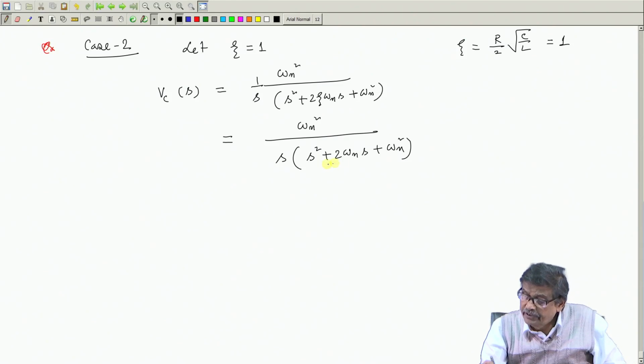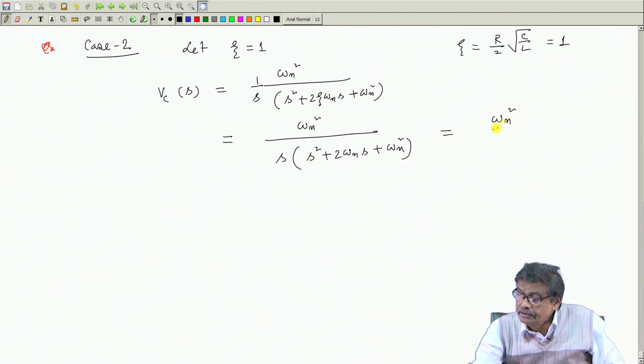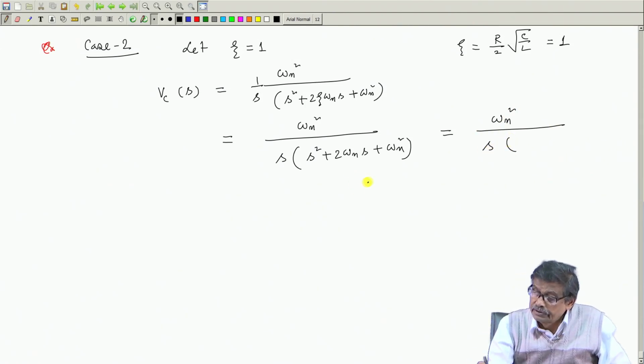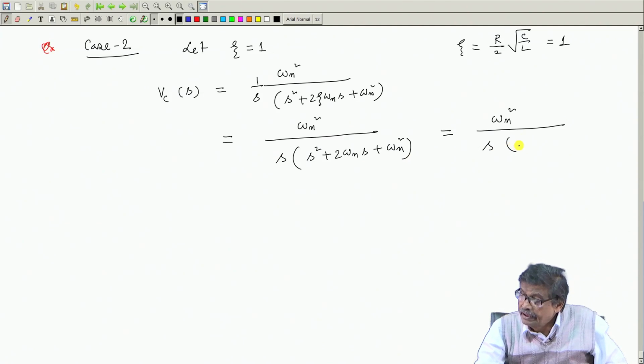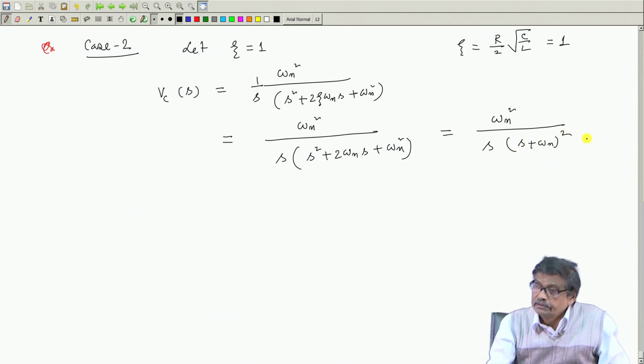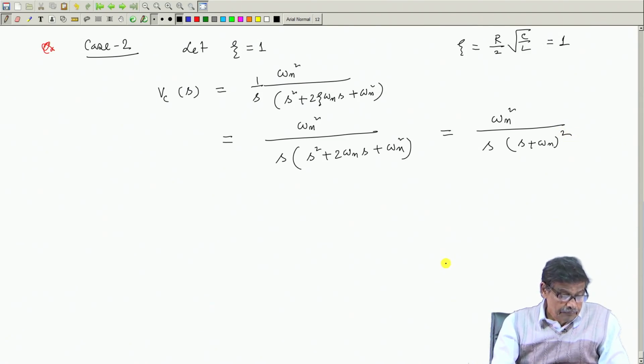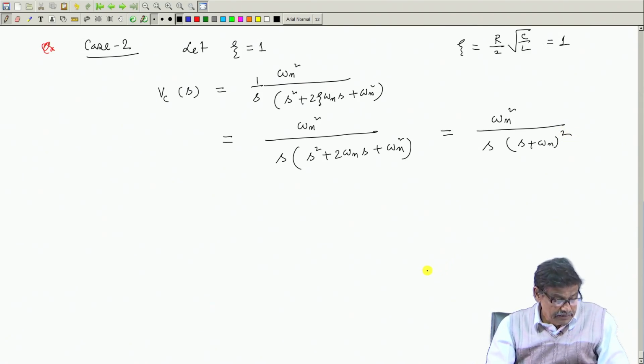and this is a perfect square. So, this can be written as omega n square divided by s into s plus omega n whole square, is it not? This will be a perfect square situation.